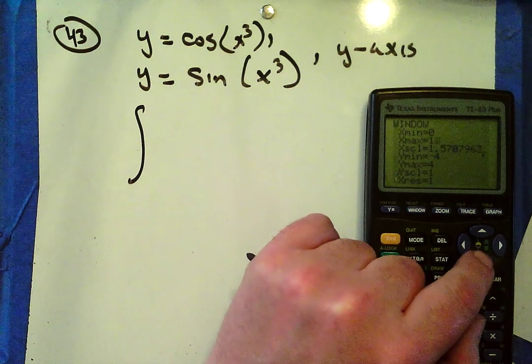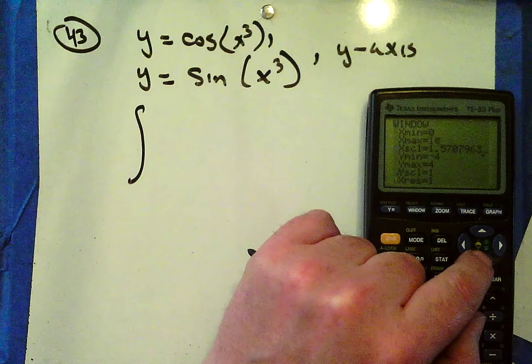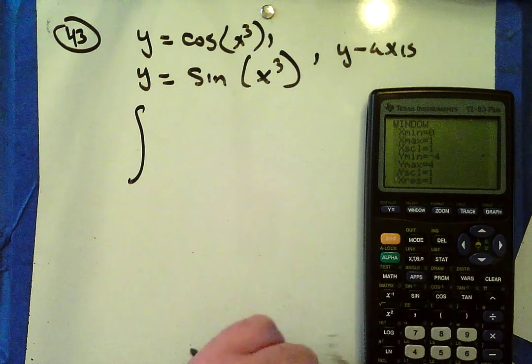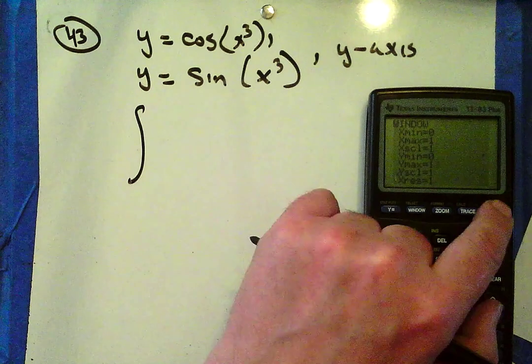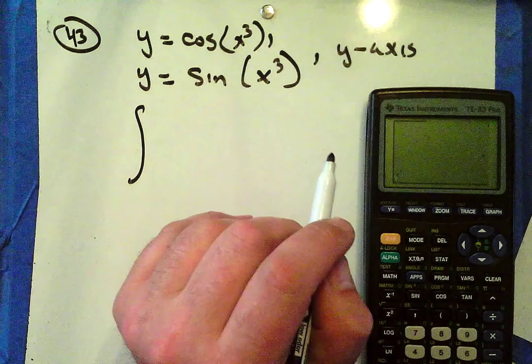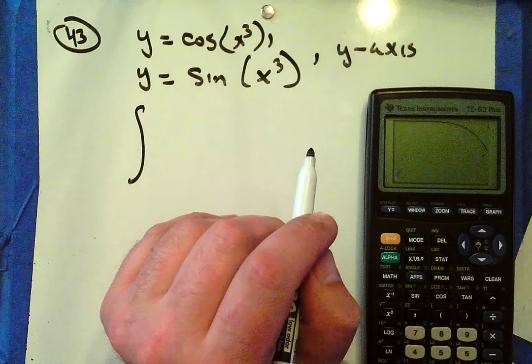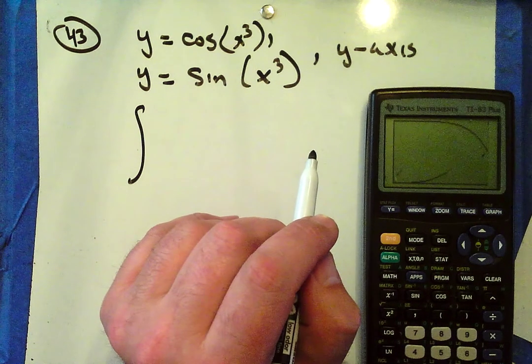First quadrant. Okay, that's better. Steps of 1, 0 to 1. Okay. There's my cosine thing. Here's my sine thing.